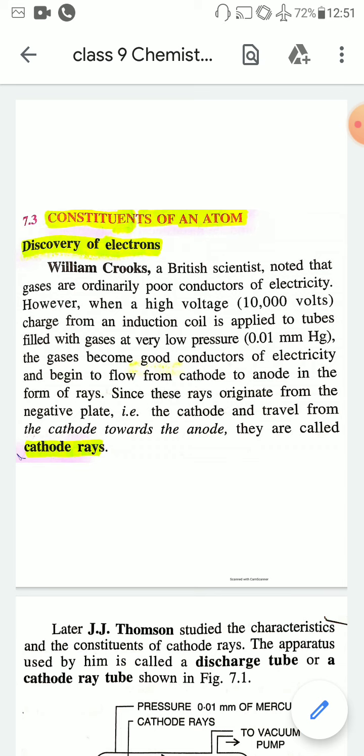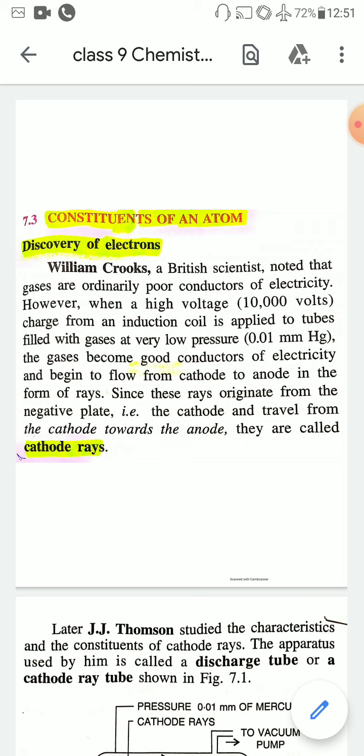Since these rays originate from the negative plate, that is the cathode, and travel from the cathode towards the anode, they are called cathode rays.